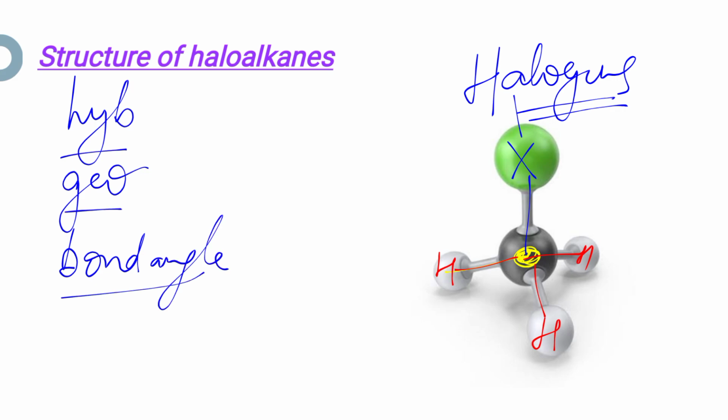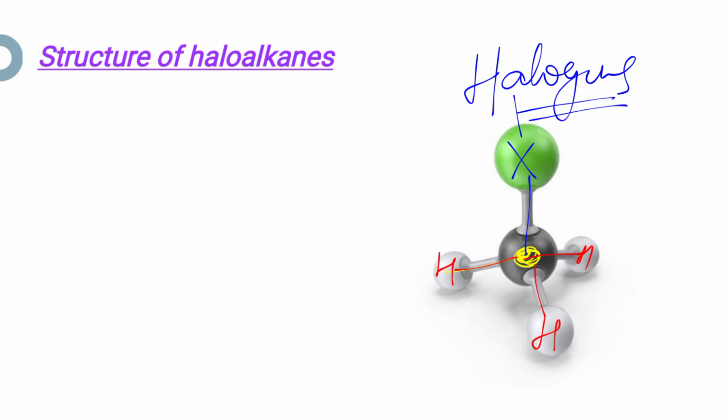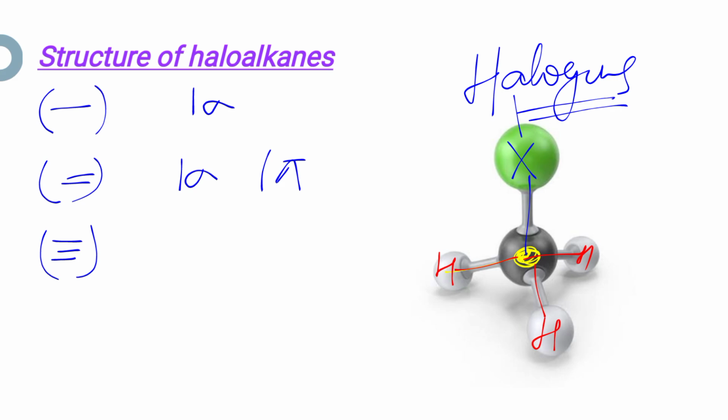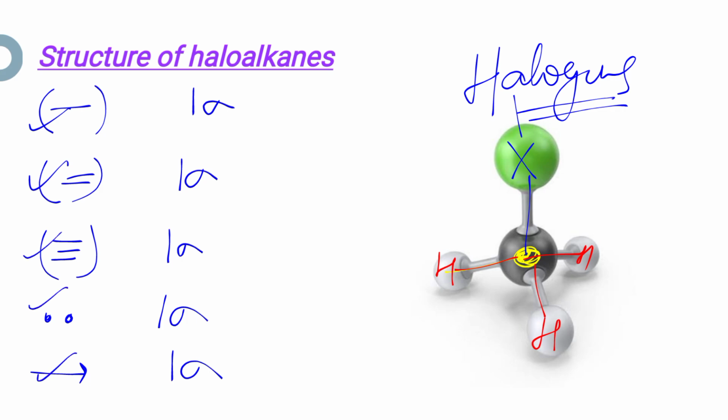Whenever there is a single bond, remember, a single bond contains one sigma bond, a double bond contains one sigma and one pi bond, a triple bond contains one sigma and two pi bonds, a lone pair contains one sigma bond, and a coordinate bond contains one sigma bond.